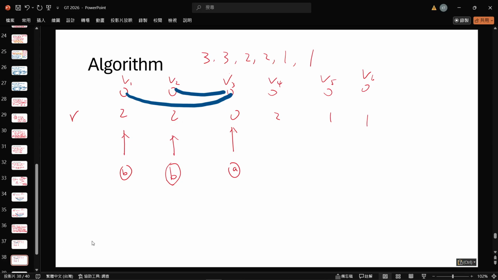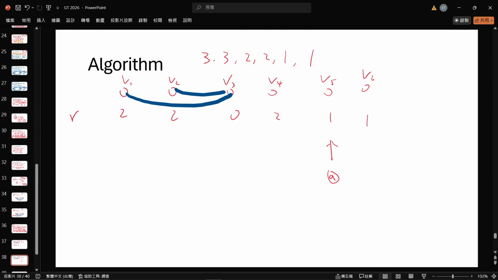Okay, so next we can pick, again, any vertex except for V3 because V3 now has degree 0. So let's pick V5. Because V5 has degree 1, this means we have to find one neighbor, and this neighbor must have the highest degree.